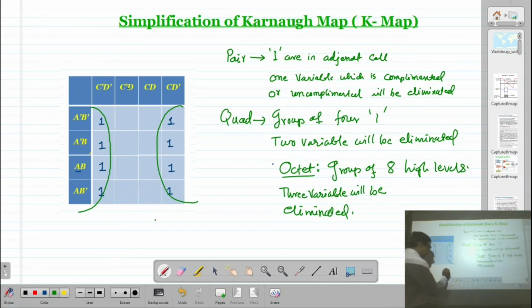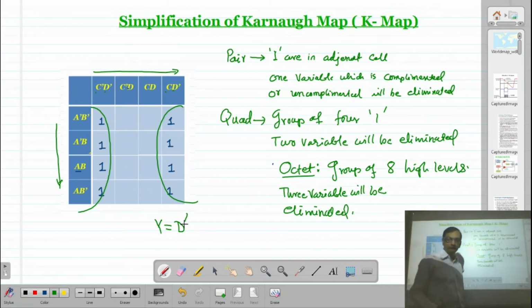So the expression y will be equal to, now here if you move in this way, then A and B both variables are going to change, so they will not be in the expression. But when you are going from here to here, then the C variable is going to change. Only the D variable remains unchanged. So my answer is y is equal to D prime.